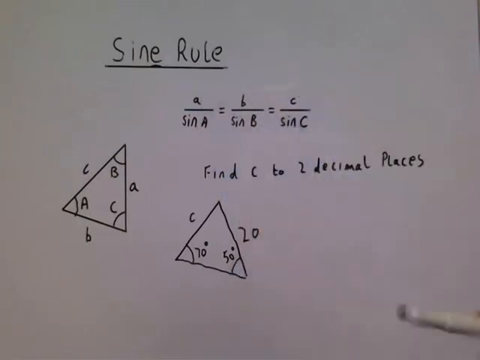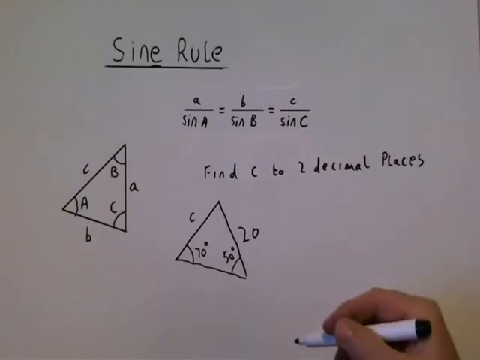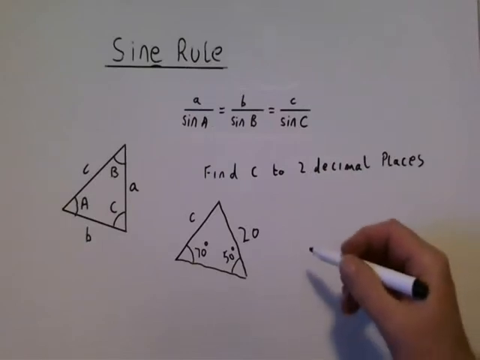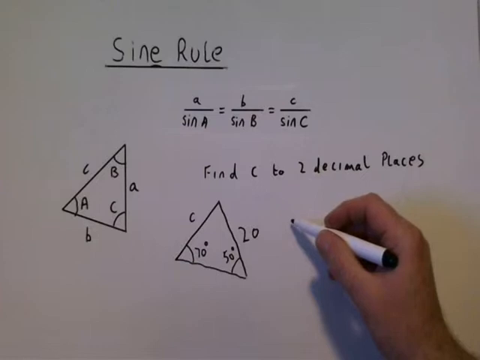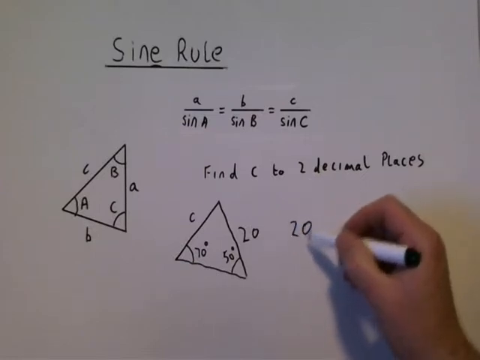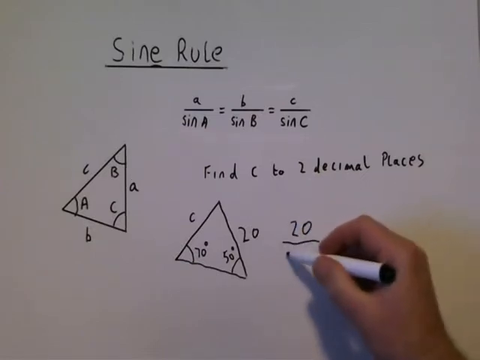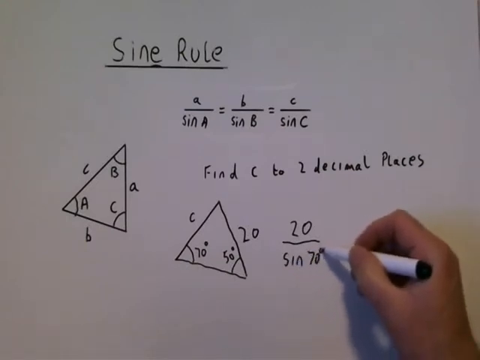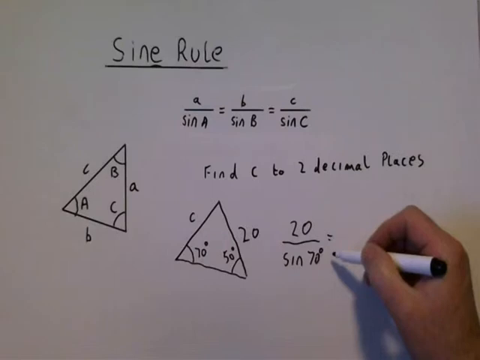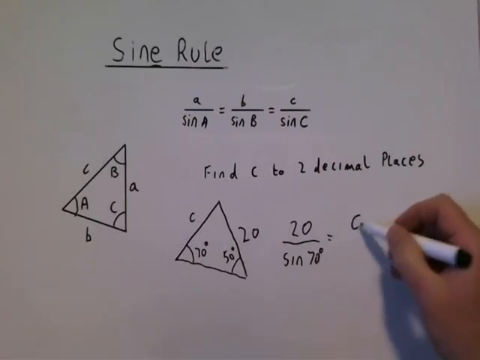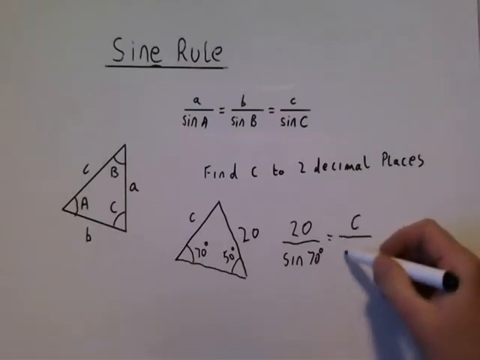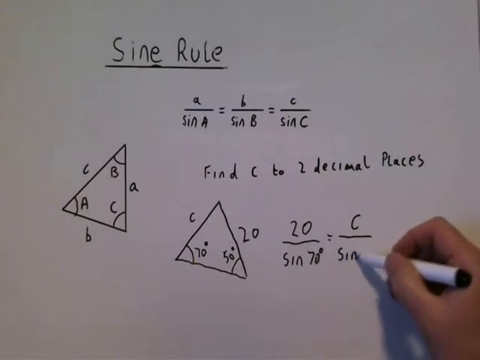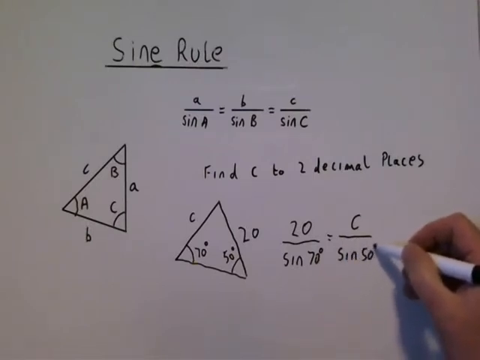They're both equal. So put in everything we know. So the a bit is 20 over sine 70 degrees equals the c over sine 50 degrees.